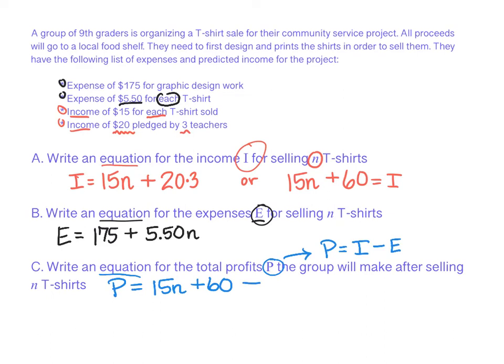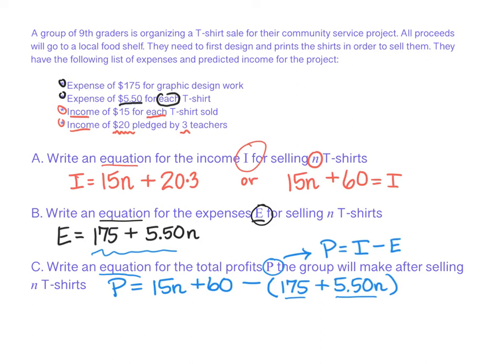And what I'm subtracting off is this entire thing. So if you ever need to make a group of something, that's when we use parentheses. So (175 + 5.50N). The reason why this matters is because we are subtracting 175 and we are also subtracting $5.50 from each t-shirt.